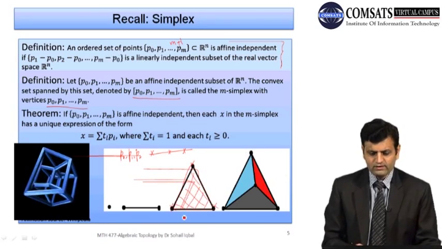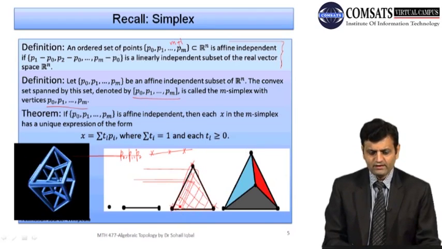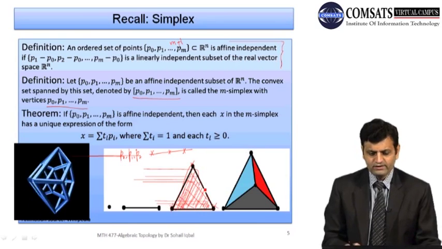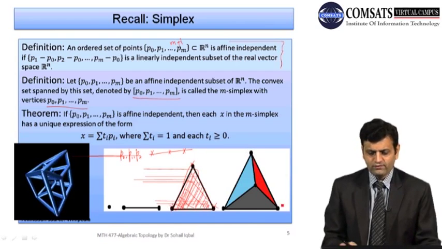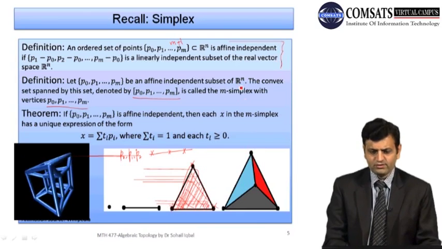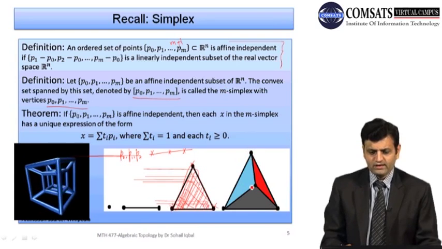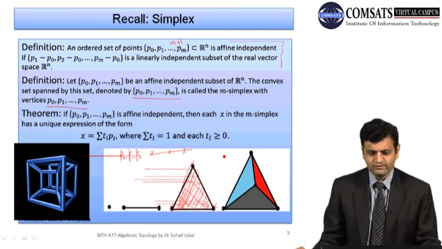So it will contain all of these things, and so it is basically a solid triangle generated by these 3 points. And similarly, if we have 4 points, then the smallest convex set containing these 4 points will generate a tetrahedron in 3-dimensional space.